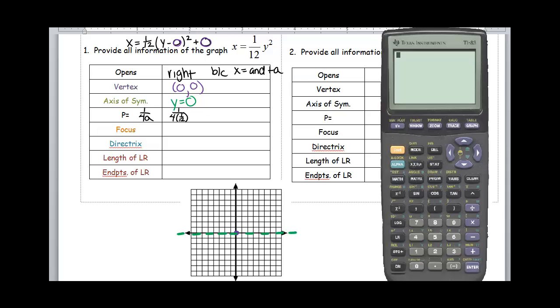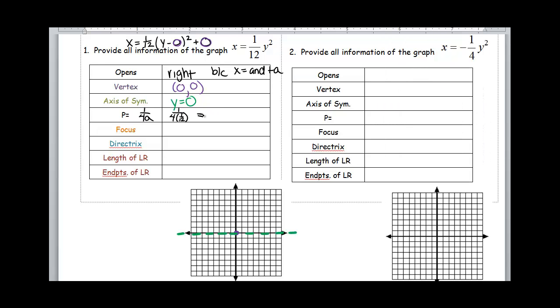So I'm going to go ahead and enter 1 divided by, but I want to make sure I divide by the entire denominator, so I'm going to put a parenthesis. Then it's 4 times a fraction. I always put parentheses around my fraction. So 1/12. Because I have two open parentheses, I need to have two closed parentheses. Enter. It looks like our value of p is going to be 3.